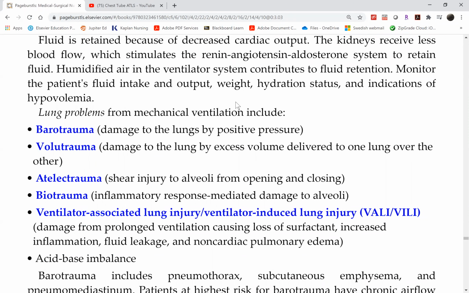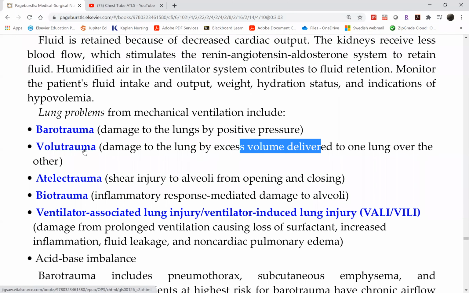On top of the pneumonia, we have other complications here. Barotrauma from excessive pressure, and volutrauma. Either one would usually be from a displaced tube or a change in the patient's lung compliance. So if they have a decreased lung compliance and we did not change the tidal volume, or we did not pay attention to the high pressure alarm, these two will result.